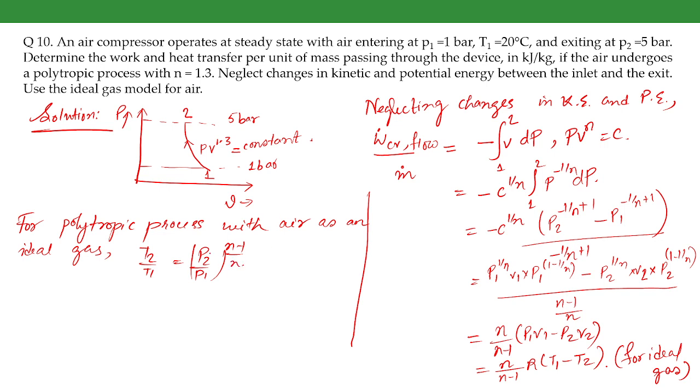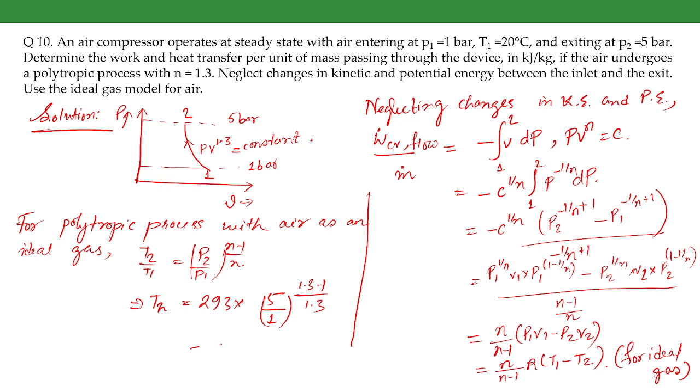This is the formula we have already used in the previous classes, that for an ideal gas undergoing any polytropic process, the temperature and pressure ratios are related in this way. So T2 can be written as T1, that is 20 degrees Celsius or 293 Kelvin, multiplied by P2 is 5 bar, P1 is 1 bar, to the power 1.3 minus 1 by 1.3.